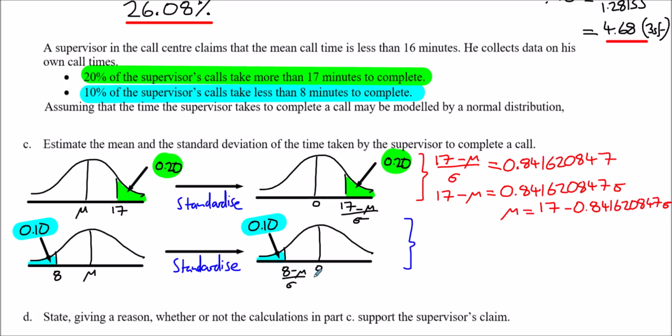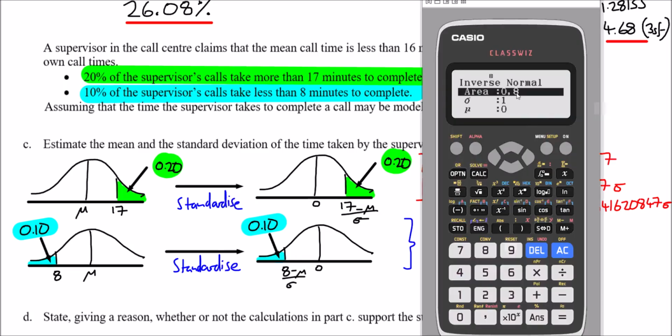We now do the same for this one. So what's the z value to give a probability of 0.10? So we do 8 minus mu over sigma. Here we want the area to be 0.10. So 0.10 gives us a z value required of minus 1.28155.